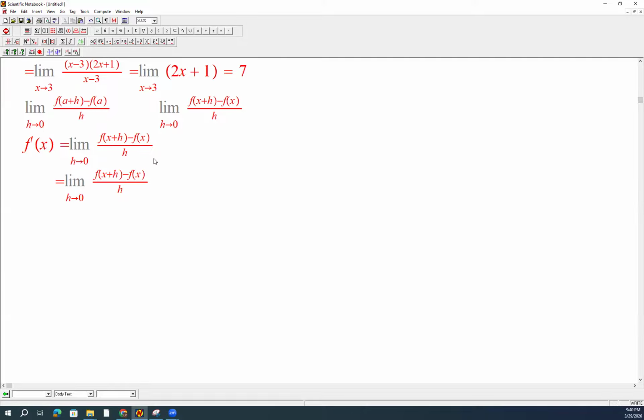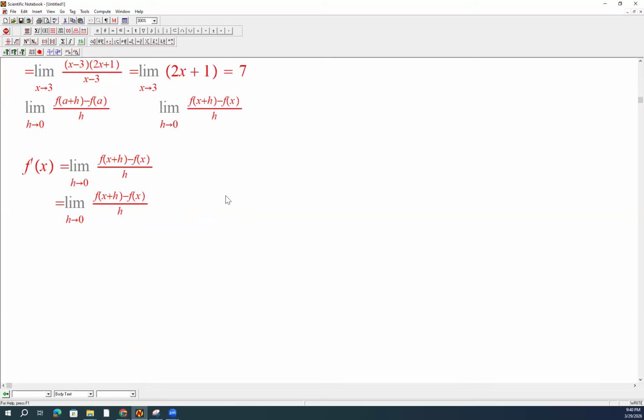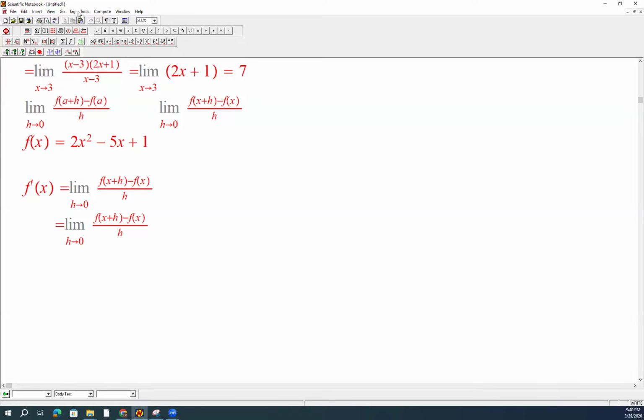So f of x plus h, right? I'm going to bring f of x over, and f of x plus h. So everywhere x will be replaced by x plus h.